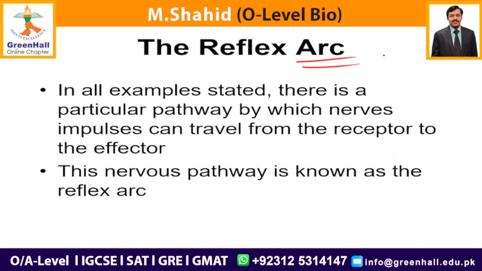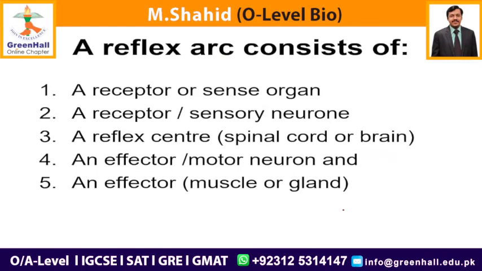So the nervous pathway through which a reflex action is carried out is called a reflex arc. A reflex arc consists of a receptor, a sensory neuron, a reflex center, either brain or spinal cord, a motor neuron, and the effector, which could be the muscles or the glands.